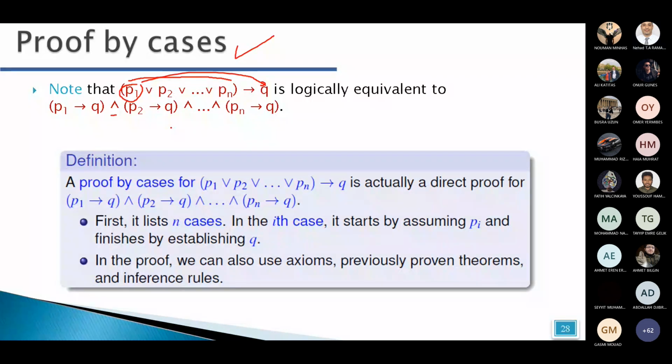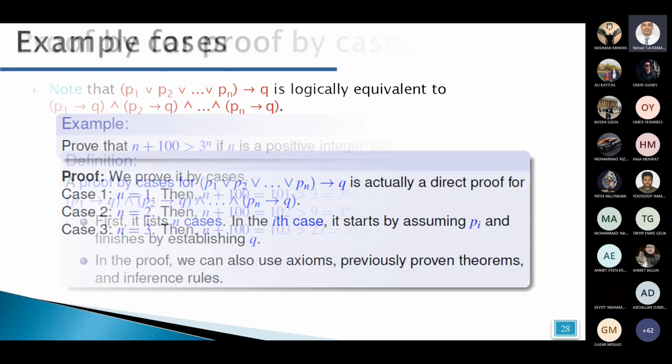So the meaning here, we have cases, we will prove each case, case P1, case P2, case P3, until case Pn. Everyone will give us the conclusion. In this case, we said that our assumption or argument is valid.